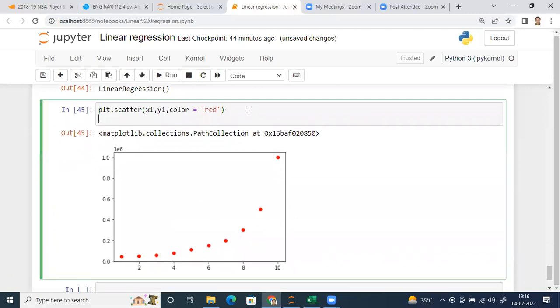Now I can do plt dot scatter, and let me plot plt dot plot, this time x1 versus model 1 dot predict. What do we pass inside?